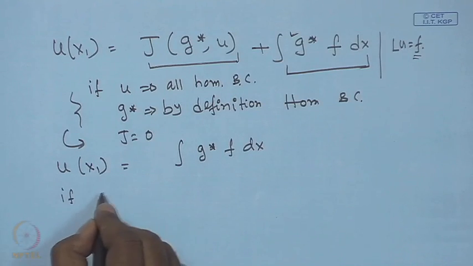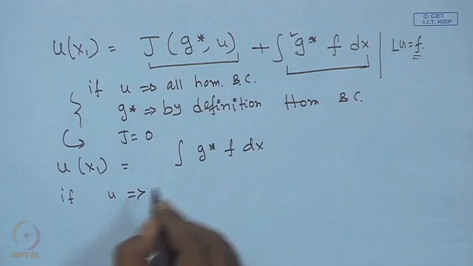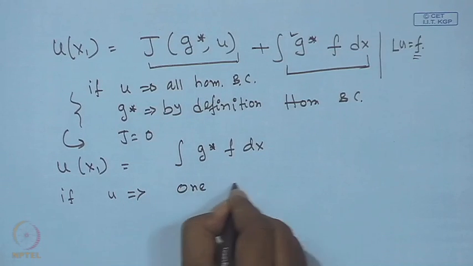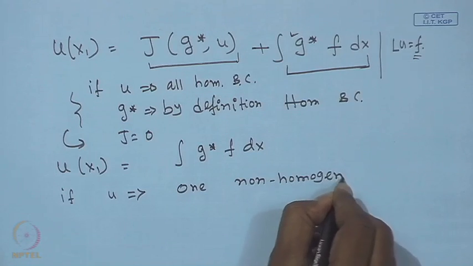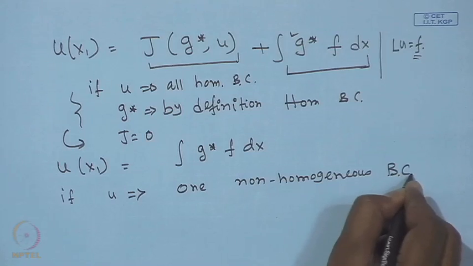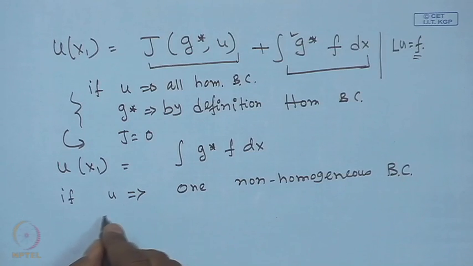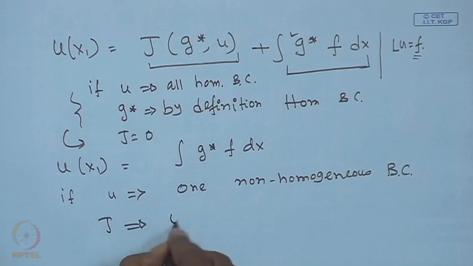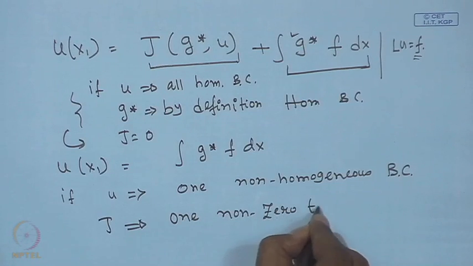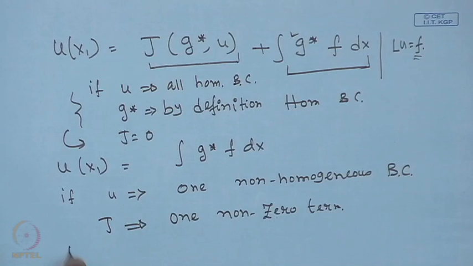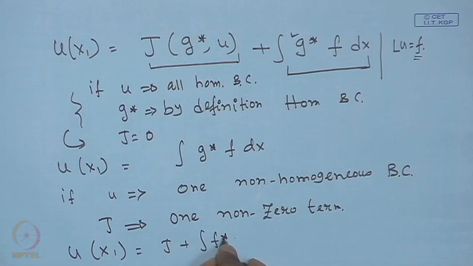If u is having one non-homogeneous boundary condition, then your J will have one non-zero term. So, in that case J will not be equal to 0 and u of x1 will be J plus the integral of G star f dx.